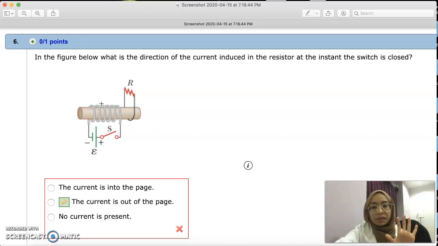Again, I'm curling my hands according to the direction of current in the front part of that solenoid. The current is going upwards, so my magnetic field is this way.